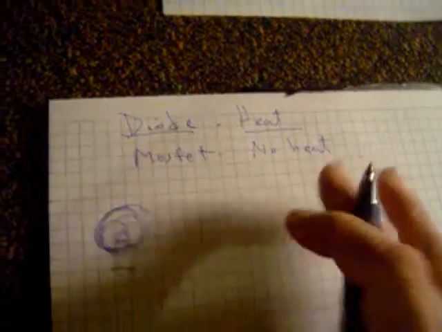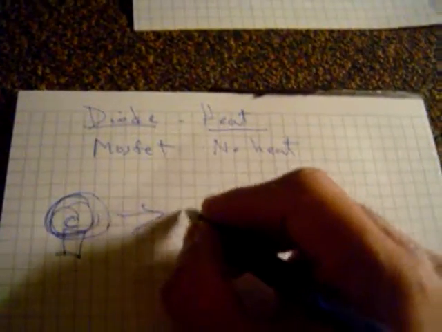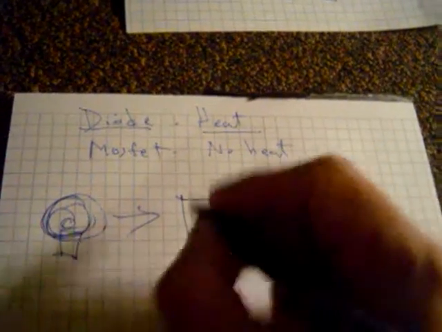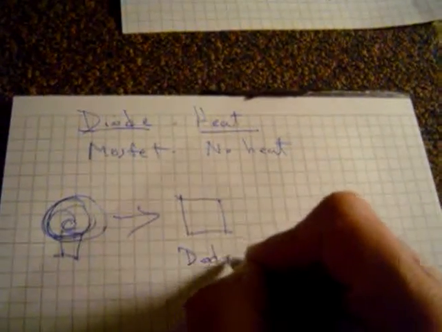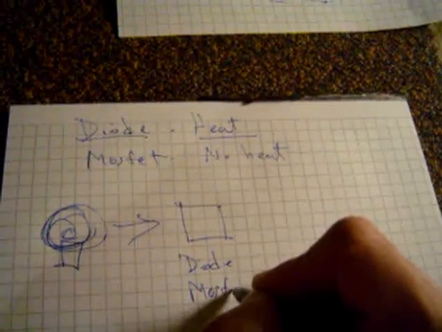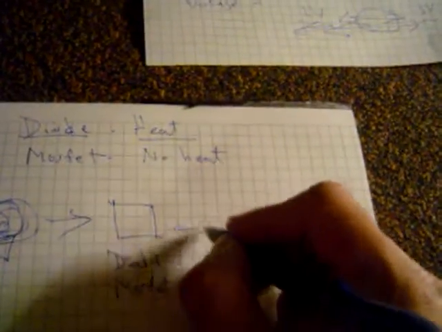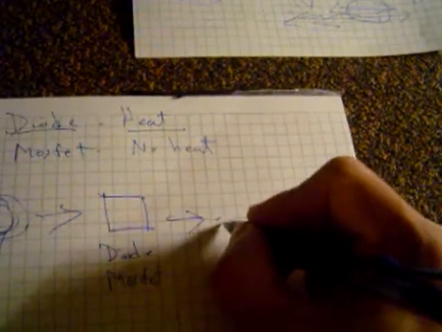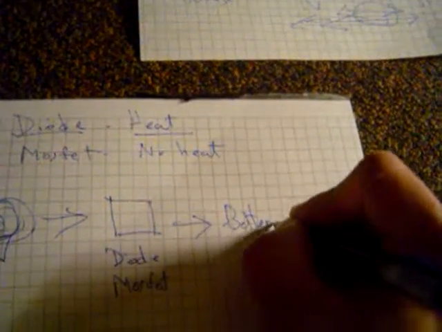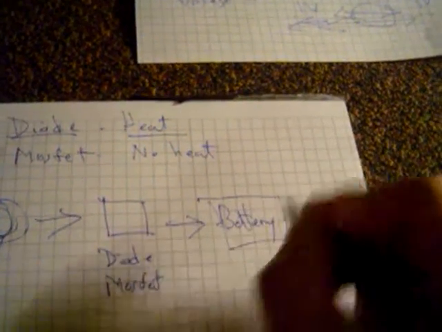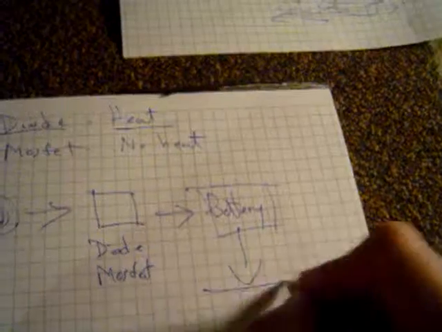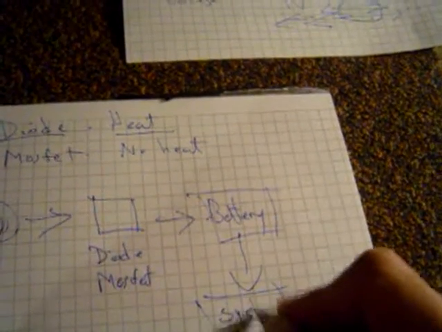You have your magnet and coil. It goes into your rectifier regulator, which can be a diode or a MOSFET. Then from your rectifier, it goes to your battery. It charges your battery, and then it also goes to your system.